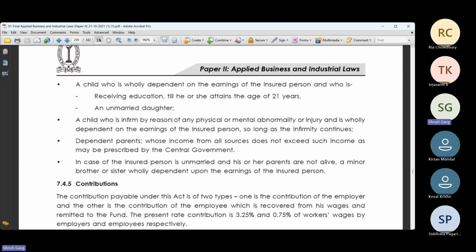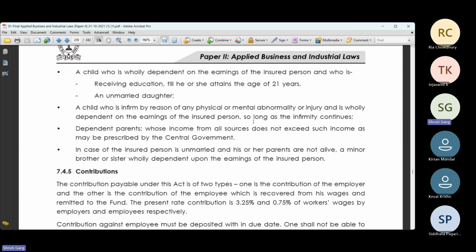A child who is infirm by reason of any physical or mental abnormality or injury and is wholly dependent on the earning of the insured person, so long as the infirmity continues, will also be covered in the definition of the family.